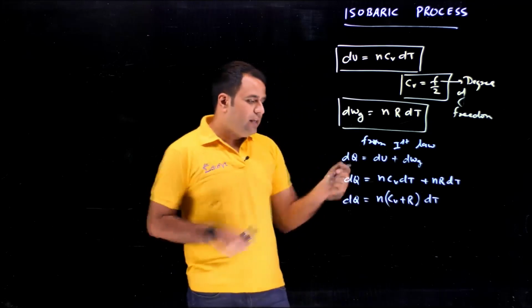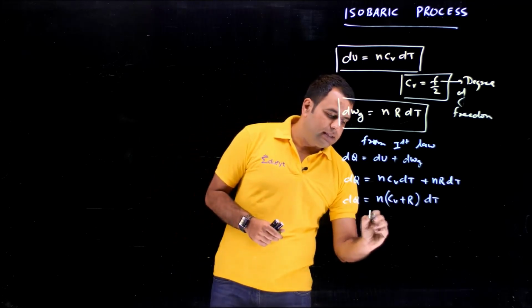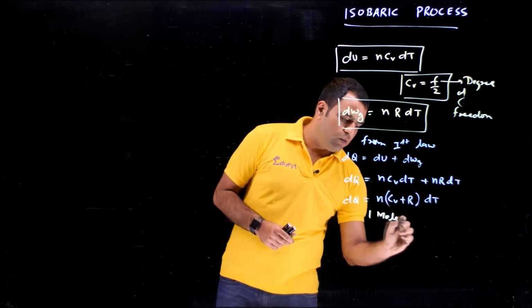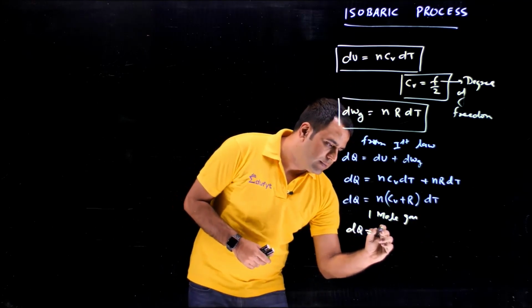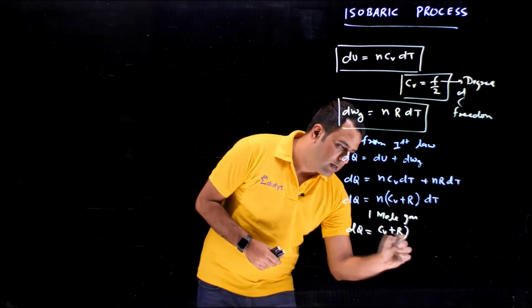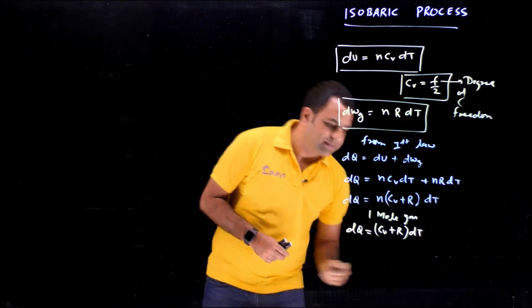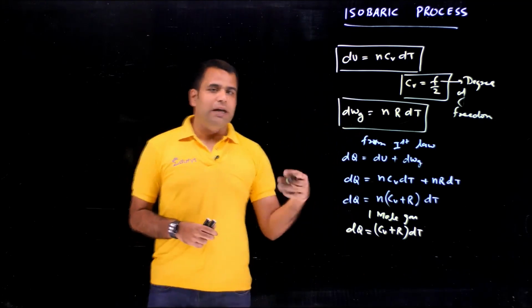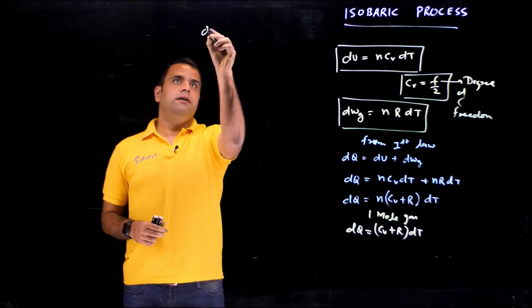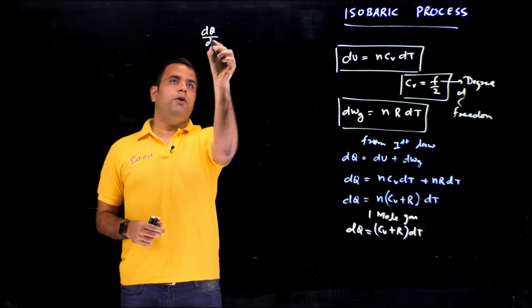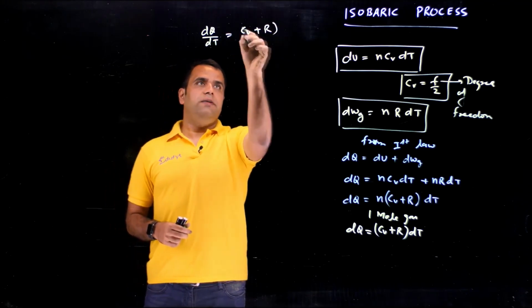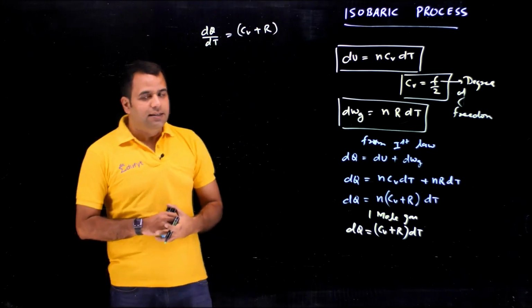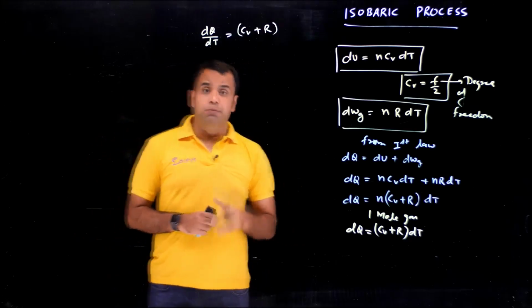If we rewrite this formula for 1 mole of gas, it becomes dQ is (Cv plus R) dT. One more time, if we rewrite this formula, the new format will become dQ upon dT is Cv plus R. And this dQ by dT is nothing but the molar heat capacity.